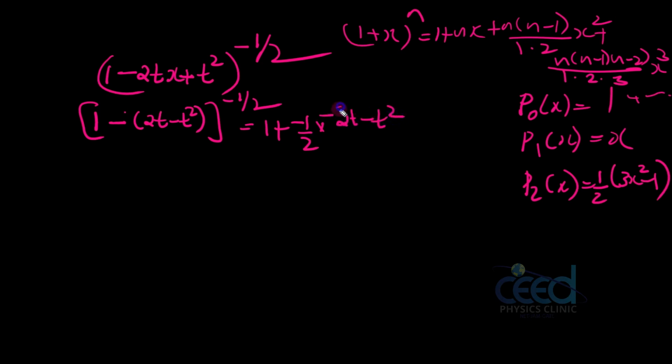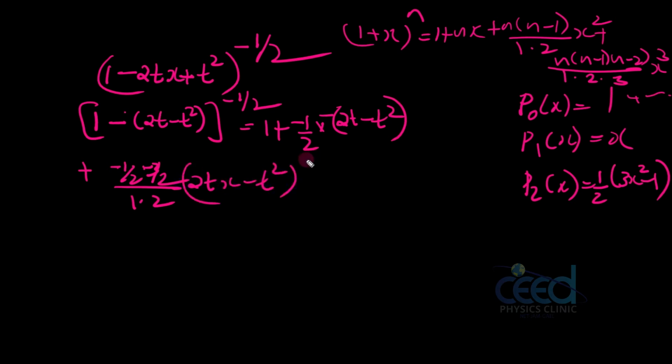minus t square. Plus the next term, that is minus 1 by 2 into minus 3 by 2 by 1 into 2 into 2tx minus t square whole square, plus and so on. You may write like this.